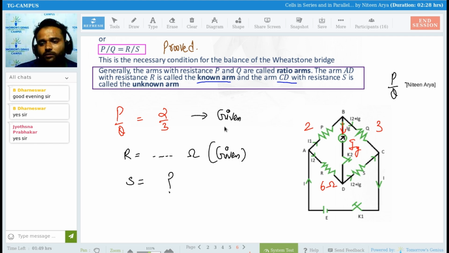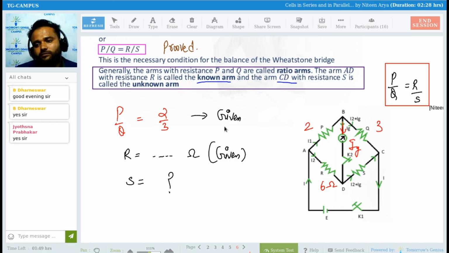Using this, P by Q equals R by S. They don't write the equilibrium balance condition directly, but they give you the condition like the current is zero. Here you may not always get Ig; it could be some particular resistance or instrument, maybe a bulb. Instead of this, they can ask the question like: the entire thing is given and here you have a bulb, so the current at the bulb is zero, so find resistance S. Very simple.